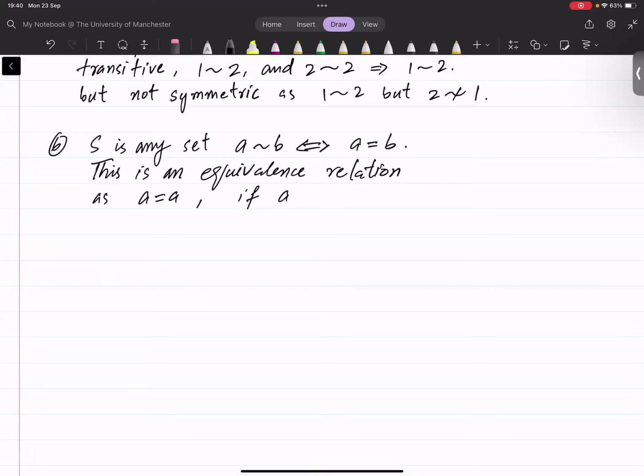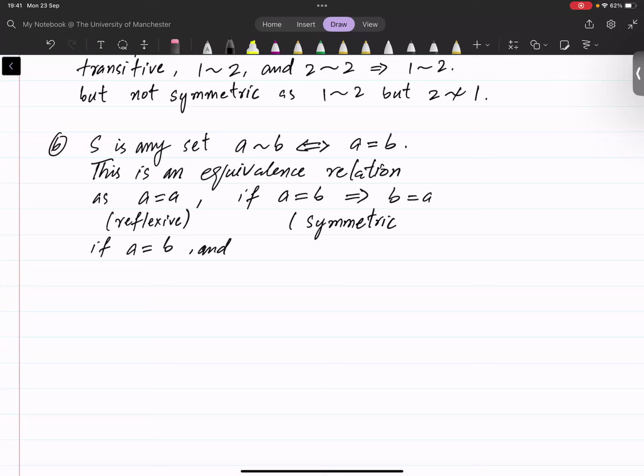If A is B, then B is A, which is symmetric. And if A is B and B is C, then A is C, and this is transitivity. This shows it is transitive.